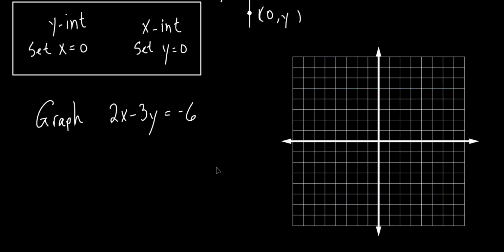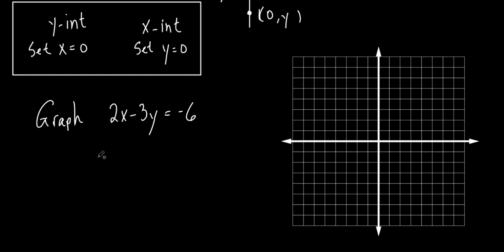So I'm going to graph this thing right here. And looking at it right now, you're like, I don't even know what the y-intercept is. I don't know what the slope is. What in the world am I supposed to do? Well, you can use x-intercepts and y-intercepts to find it. Wherever the y-intercept is, I'll put a point. Wherever the x-intercept is, I'll put a point. Then I just connect them and I'm good to go. Then I've got it graphed. It's actually a nice little way to graph things.